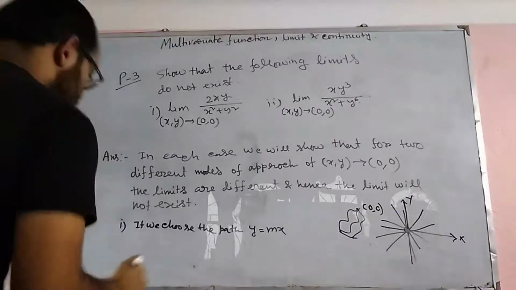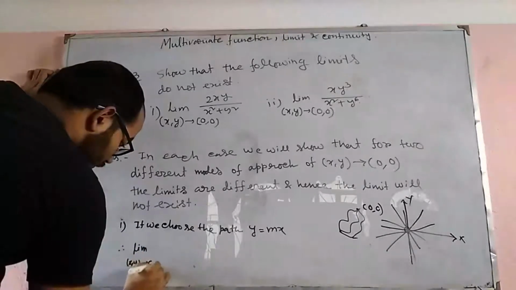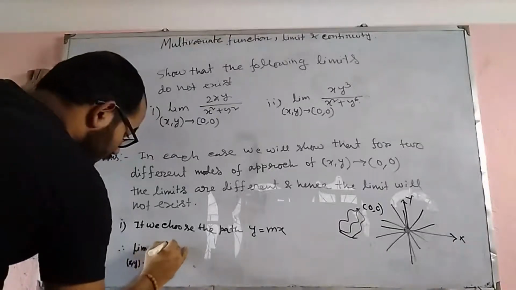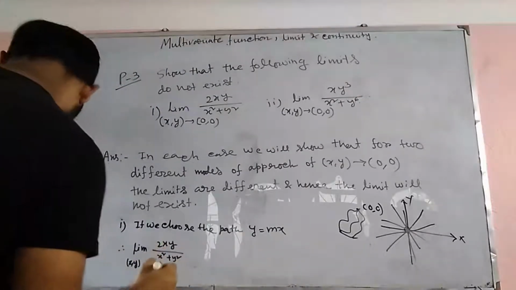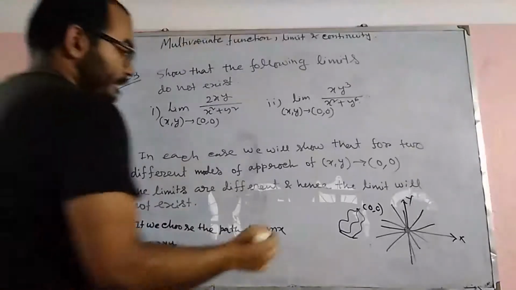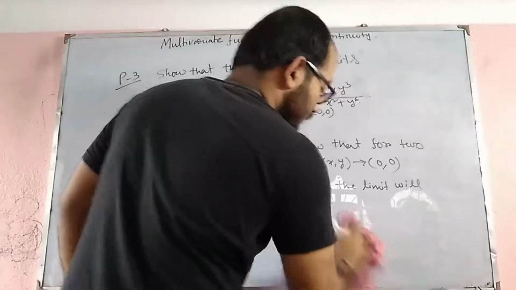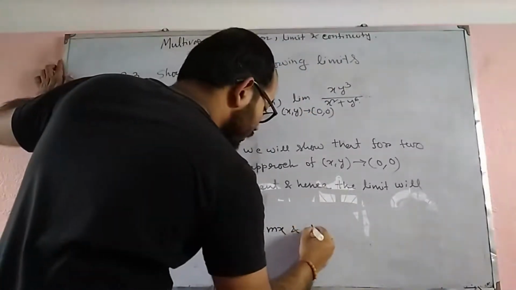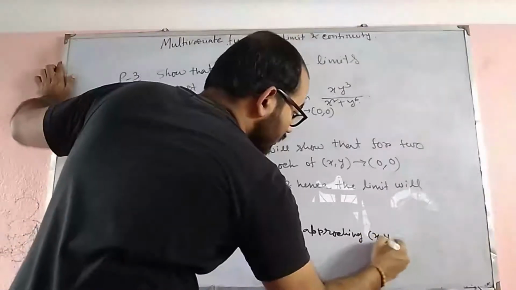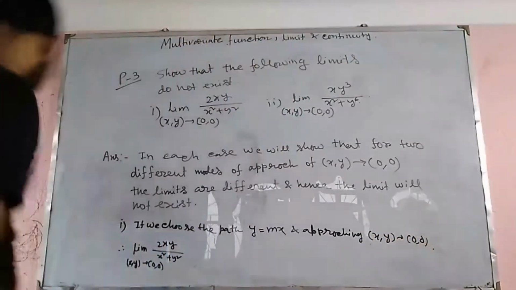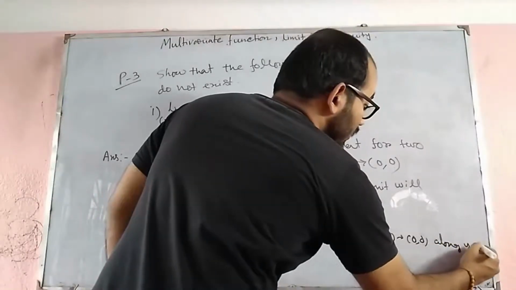So limit x, y tends to 0, 0 of f(x, y), and here you have to write on the board: approaching it along y equal to mx.